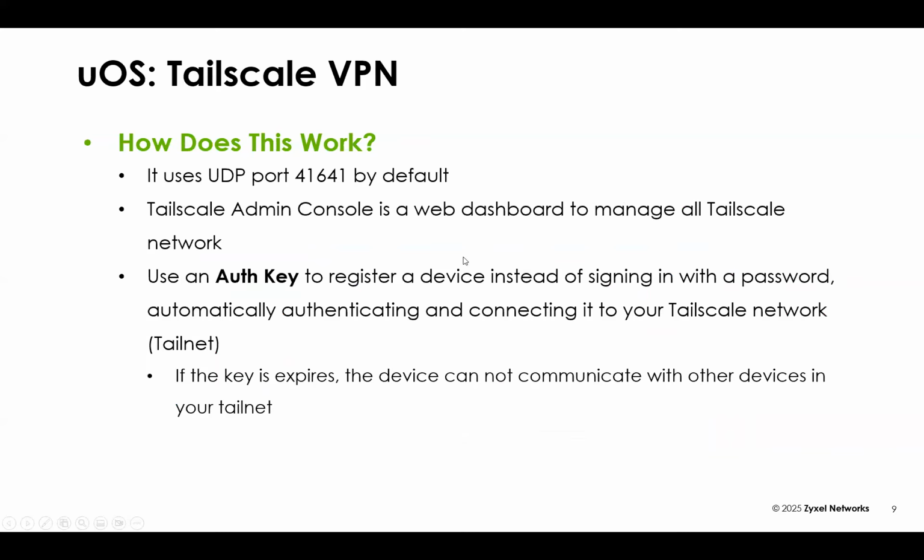So again, how does it work? We're going to be using the Tailscale VPN's UDP port 41641 by default. And again, you have to go into the Tailscale admin console, which is a web dashboard, to manage all of your networks for the Tailscale VPN. There's an authentication key that is used to register your devices. Instead of having a username and password for your clients to authenticate, you're given a generated key on the Tailscale VPN side.